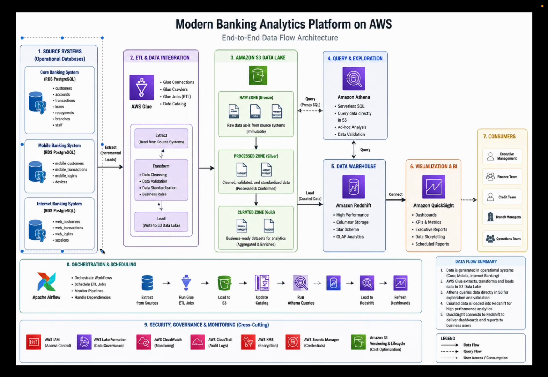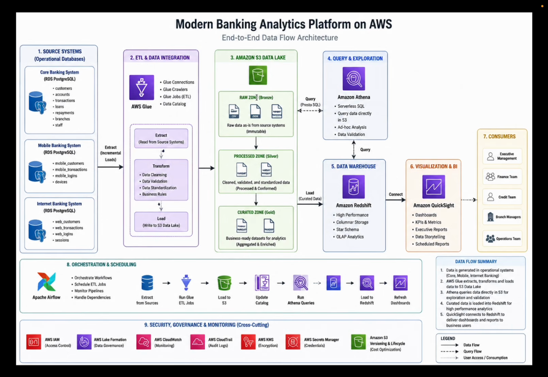We are going to build the complete modern banking analytics platform, where our next step is to work on the Amazon S3 data lake, where we are going to build different data lakes on AWS so that we can analyze our data, process it, and visualize it on QuickSight dashboards.